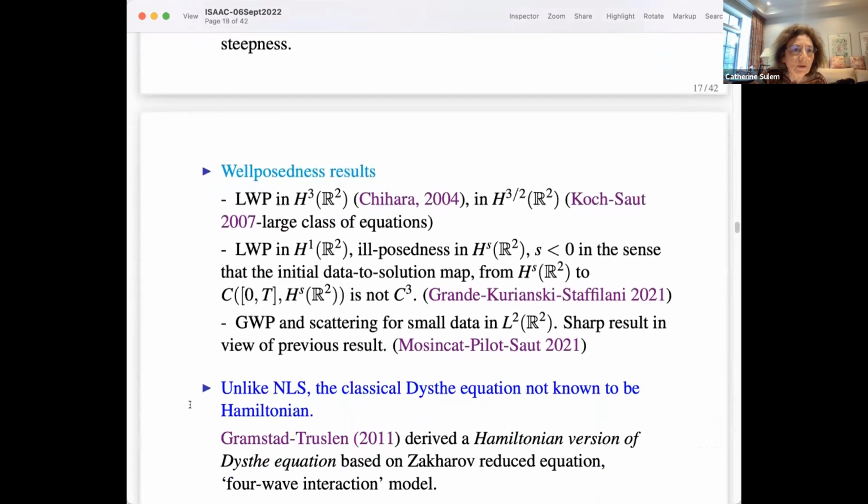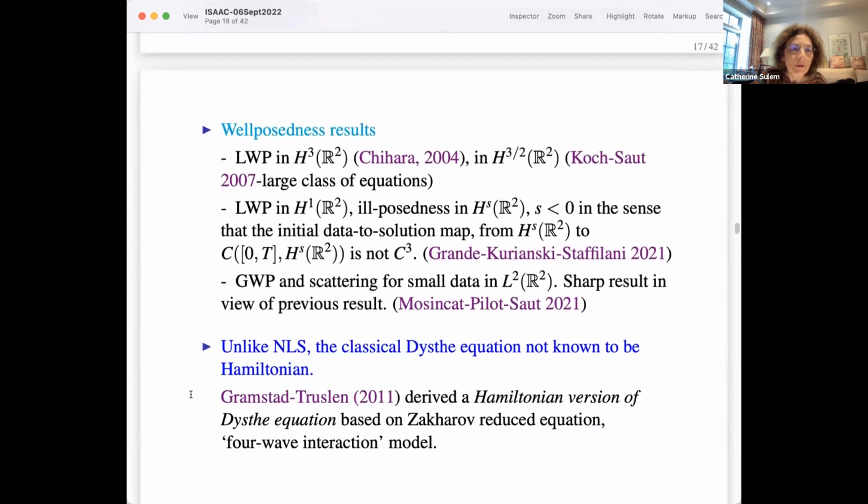On the mathematical side, there have been several works, especially in the last couple of years, on well-posedness of this Dysthe equation. These authors consider the Dysthe equation in 2D, so a Dysthe equation that would be derived from a 3-dimensional water wave problem.